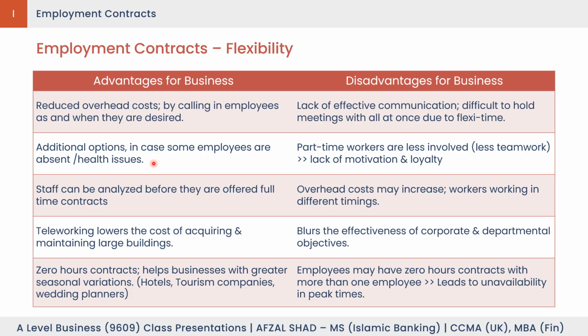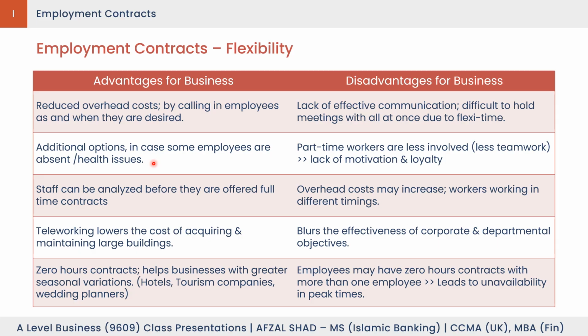Suppose the alternative employee comes at 9 p.m. but one of the employees has gone on leave. You can call this person and ask them, if you are available, you can come earlier at 7 p.m. so that you can leave two hours earlier than your closing time. If the person wants that, again, it is going to be convenient for both the business and the parties. So additional options are mostly available if you are flexible.